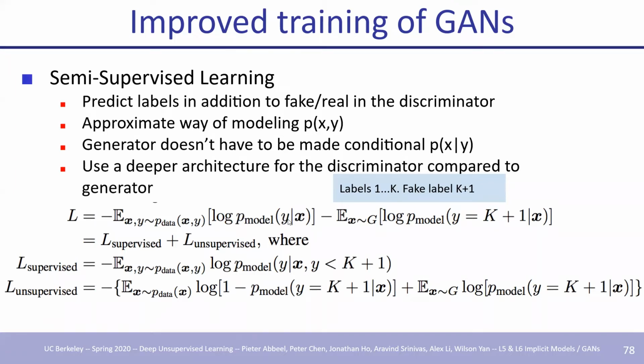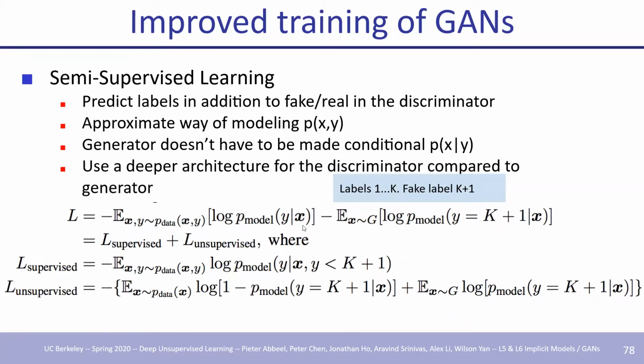This will give you the probability that X has actual class Y, and so you're saying log of probability of the model Y over X. So this is the probability that you correctly guessed it, over all the data. And then you say what is the probability that you guessed that this was a fake, that Y equals K plus 1, given the generated data from the model. And that's the loss function, right?